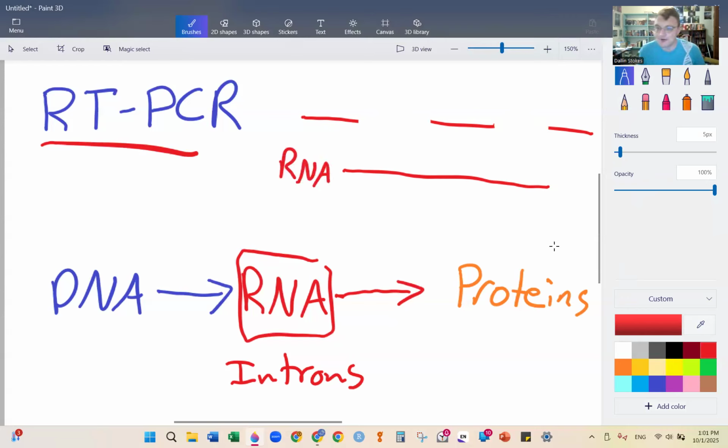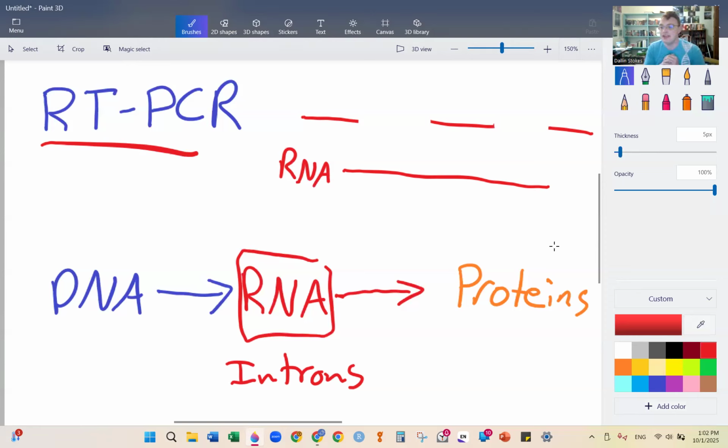So that can be helpful for scientists to help us know where the introns are, because the RNA piece will be the gene, but without all of the introns, without all of the junk. So if I'm trying to make a copy of the actual coding part of the gene, then I don't want to PCR the gene out of the DNA because that'll give me the introns too.